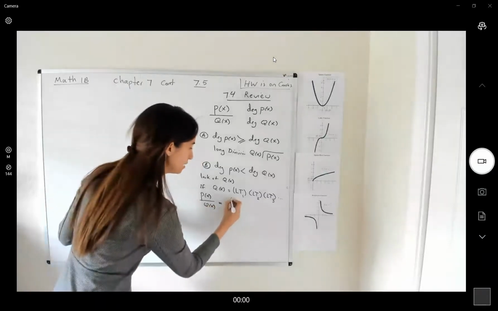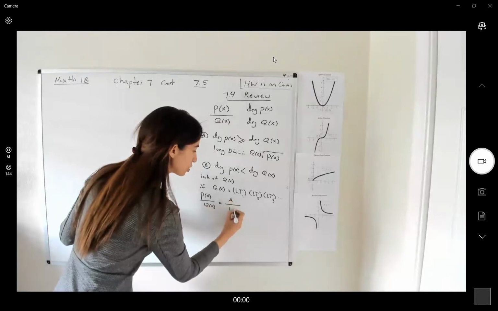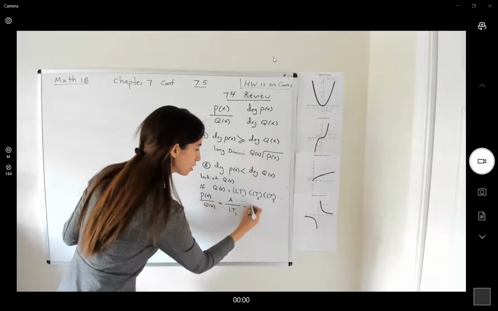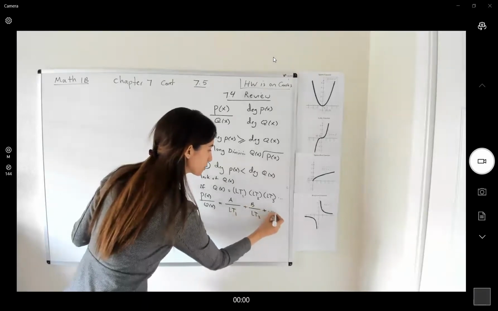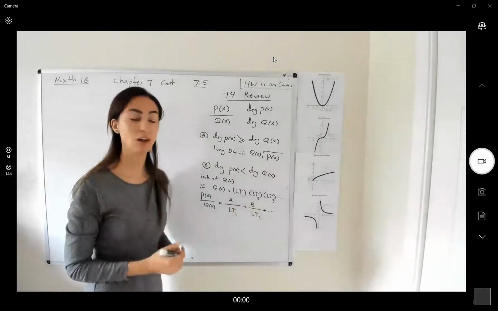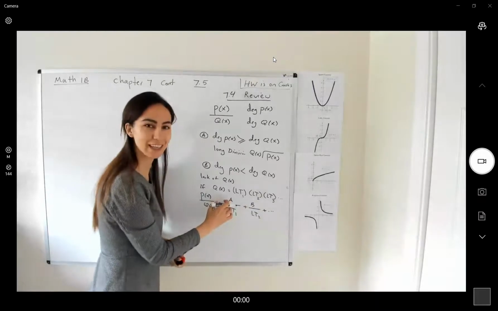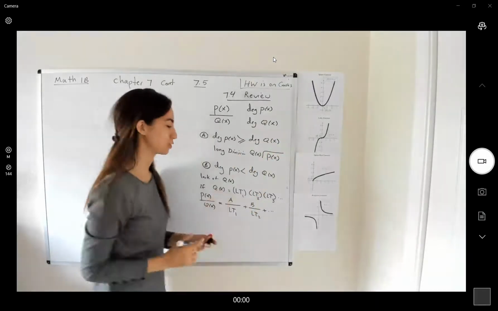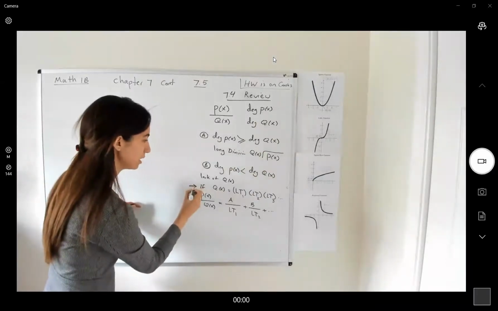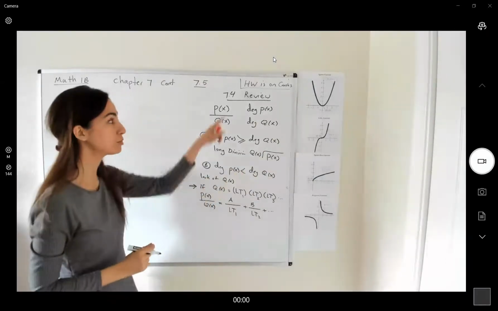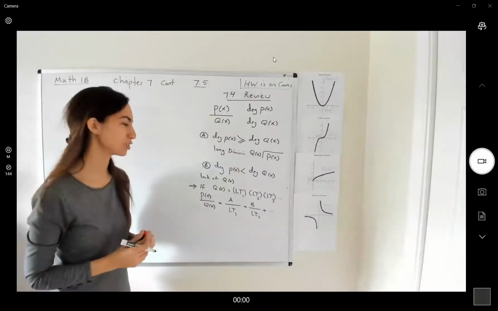Here you write A over the first linear term, plus B over the second linear term, and so on. Then you start solving for coefficients A, B, C, and so on. This is your very first case when the degree of the numerator is less than the degree of the denominator.